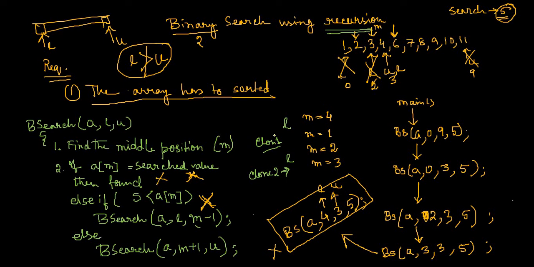That means I should not continue doing this. Right? That means the calling of this second part should be within a particular criteria. What is the criteria? The criteria is L should be lesser than or equal to U. If L is greater than U, then I should not continue any more.